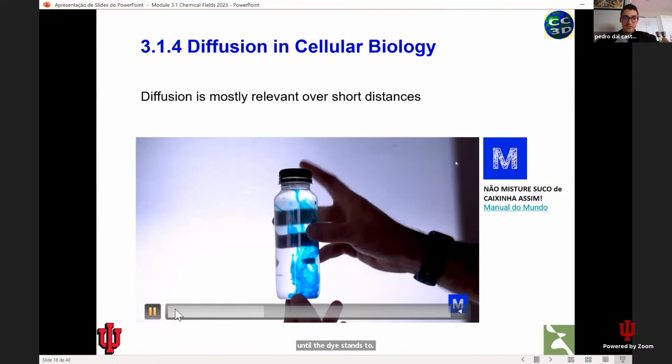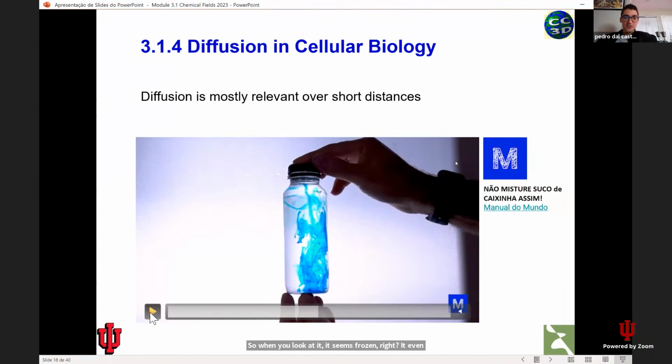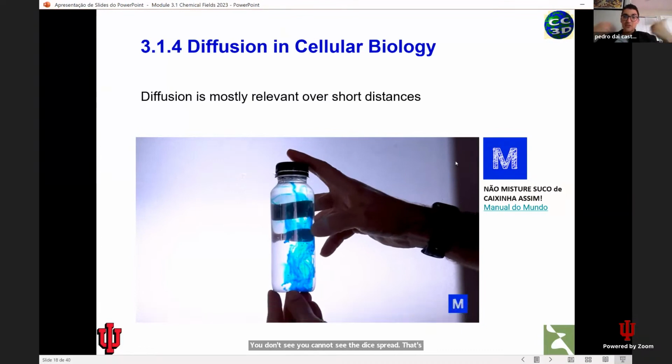So when you look at it, it seems frozen, right? It even shakes up and down, and you cannot see the dye spreading. That's because even though diffusion is happening, we cannot perceive it because it happens in such a small space. We would need to look at it with a microscope to see diffusion happening.